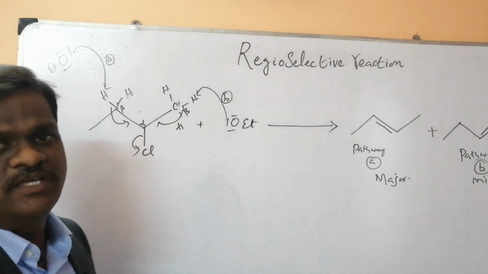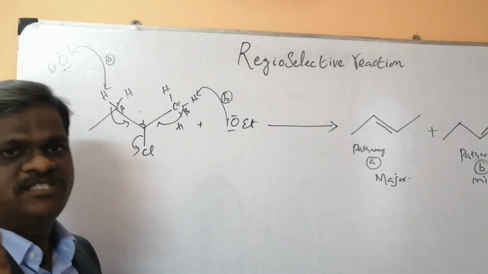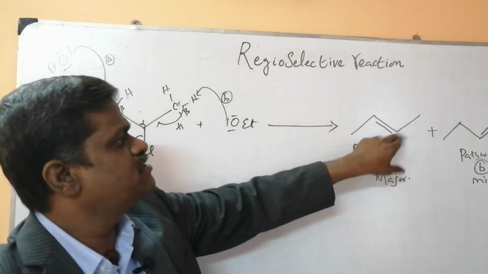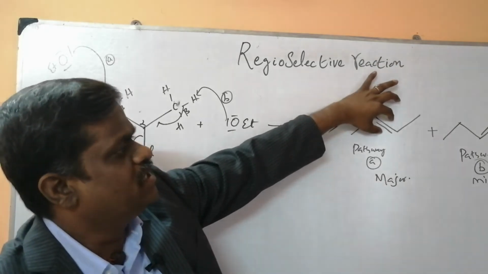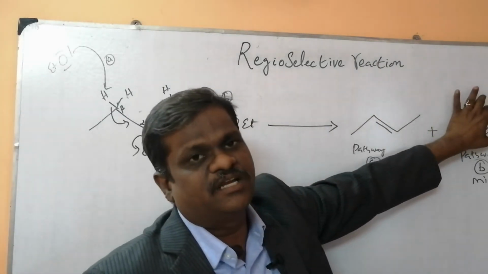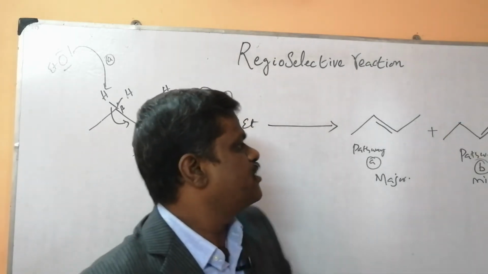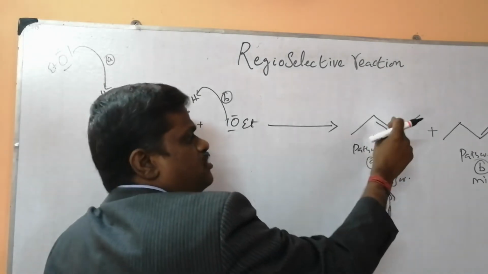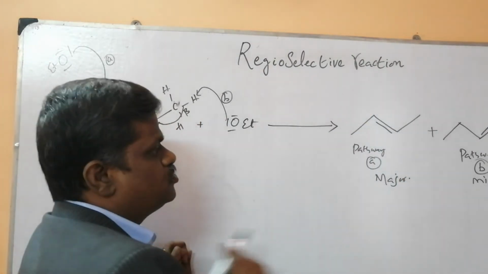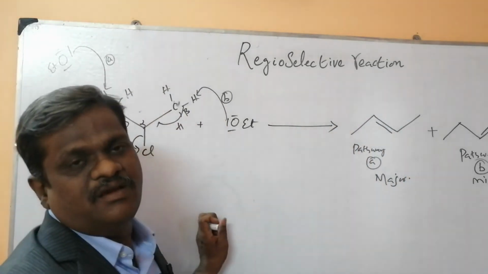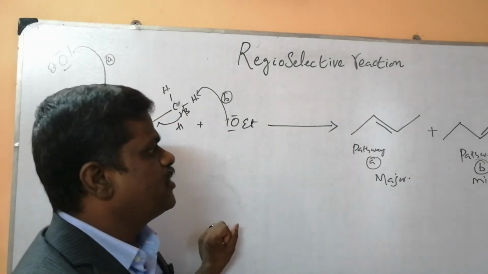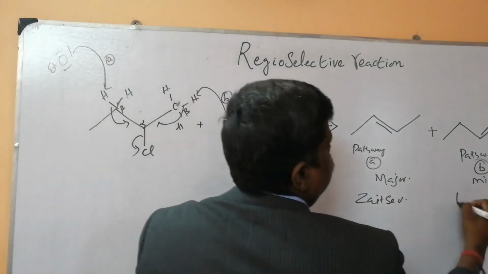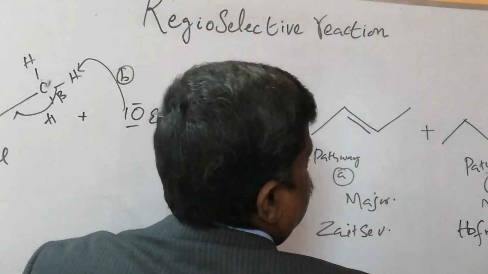You could have learned two things: one is Zaitsev and another is the Hofmann product. Zaitsev product means the double bond will be internal, and Hofmann is the terminal double bond. According to the Zaitsev rule, this is the most stable one. So this is your Zaitsev product and this is your Hofmann product.